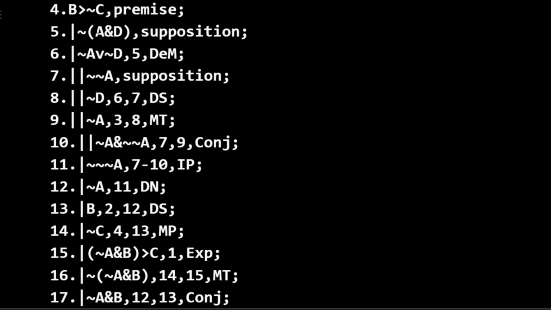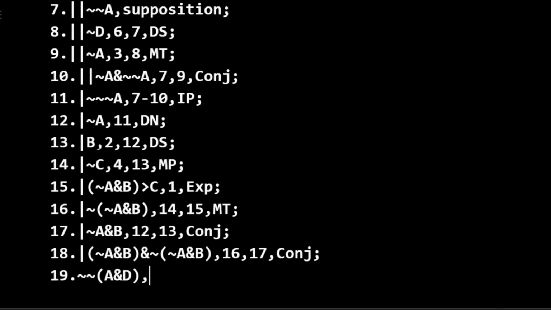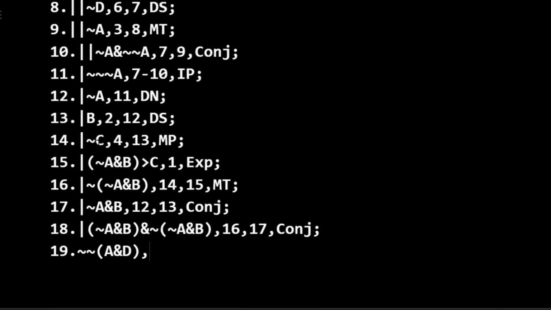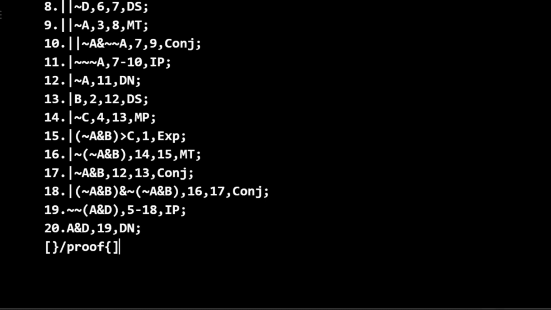And so we can go back to our supposition here and we can negate that. So we get not (not A and D) from lines 5 through 18 by indirect proof. And then we get our conclusion by double negation. And we're done.